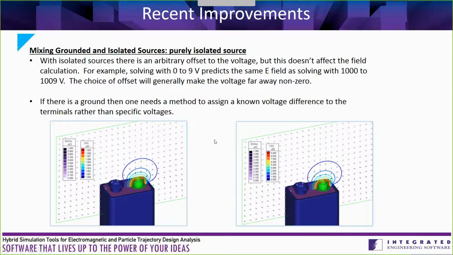In our electric program, one of the long-standing issues for some customers has been isolated sources. If we look in general to motivate this a little bit, if I have a battery sitting in empty space, you know that one terminal is not at 0 volts relative to anything other than the other terminal.